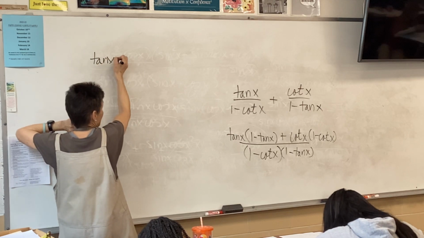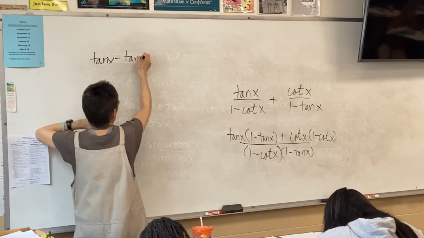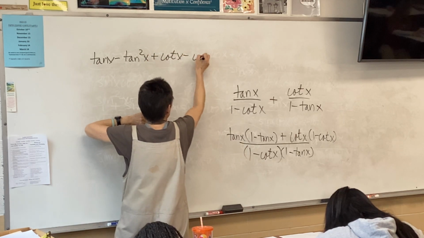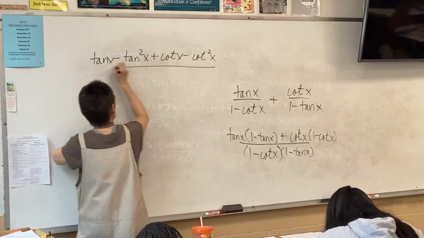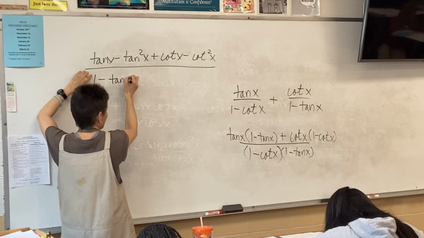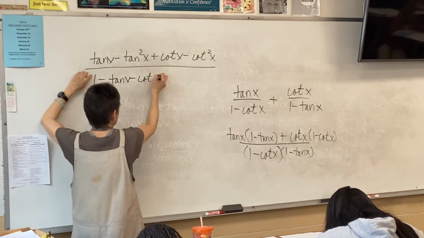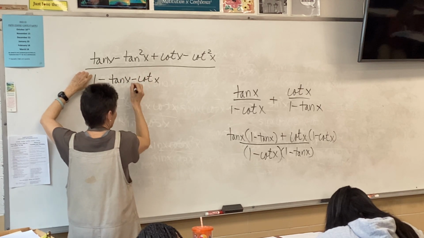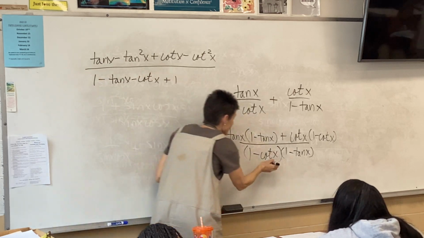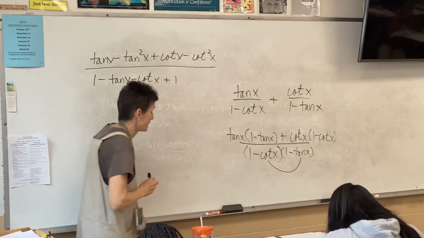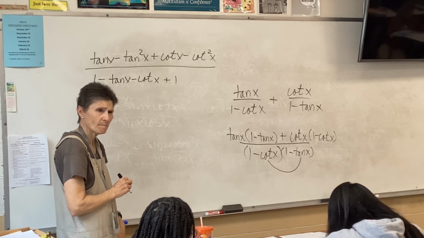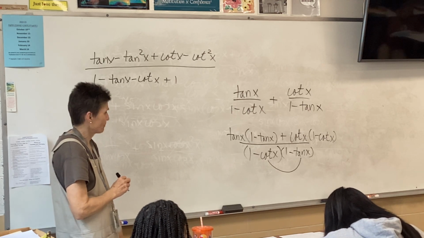So tangent minus tangent squared plus cotangent minus cotangent squared over 1 minus tangent minus cotangent plus 1. What happens when I multiply a cotangent and a tangent? They cancel, don't they? Because they are reciprocals.